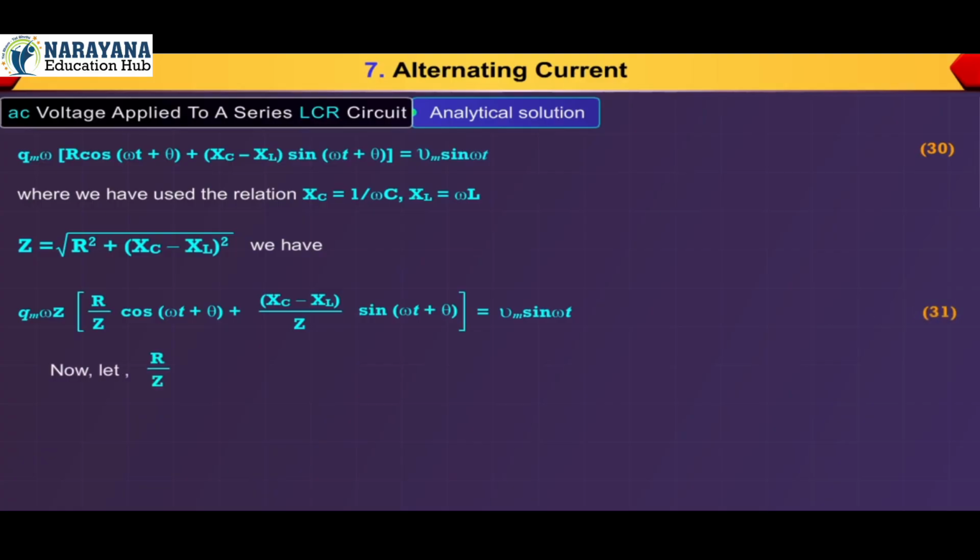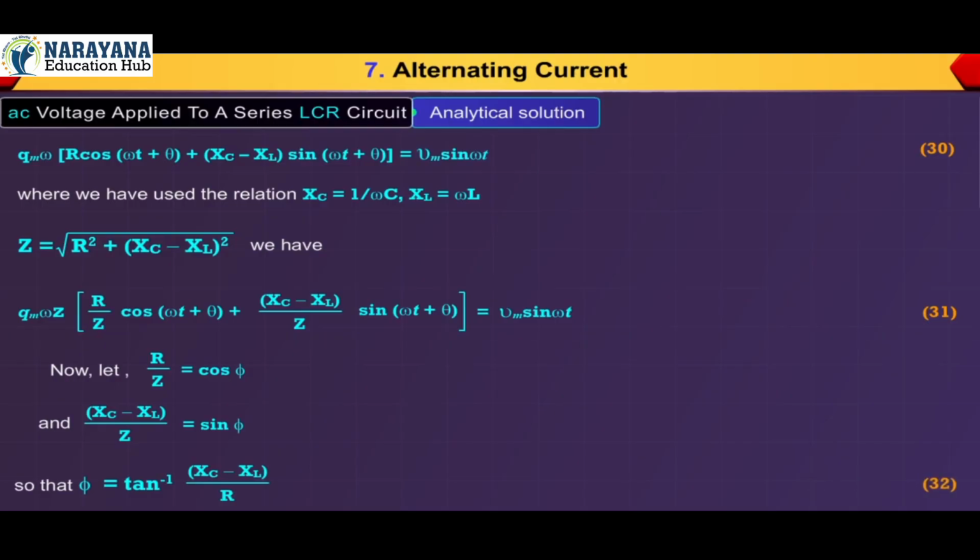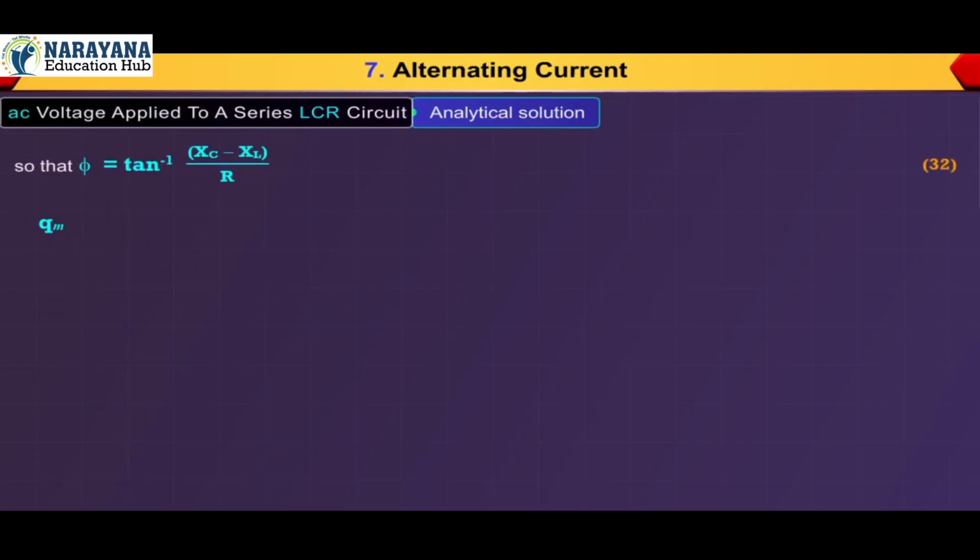Now, let R upon Z is equal to cos phi and (Xc minus XL) upon Z is equal to sin phi, so that phi is equal to tan inverse (Xc minus XL) upon R, equation 32. Substituting this in equation 31 and simplifying, we get Qm omega Z cos (omega t plus theta minus phi) is equal to Vm sin omega t, equation 33.